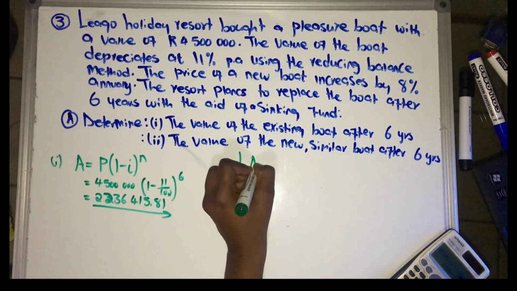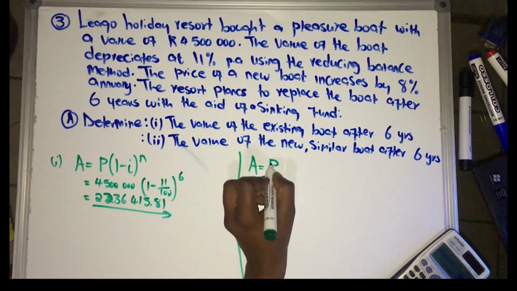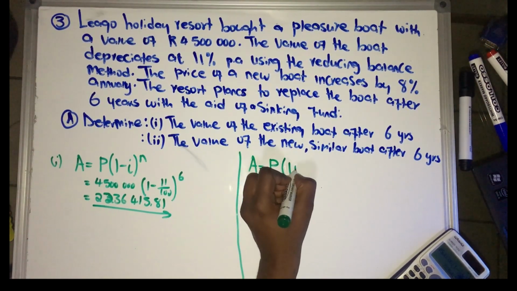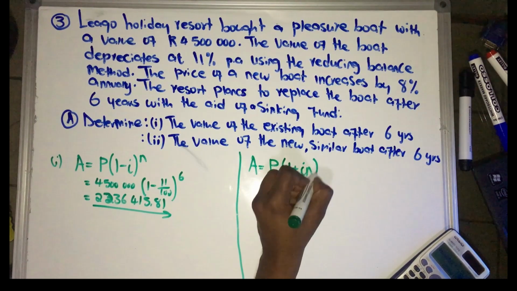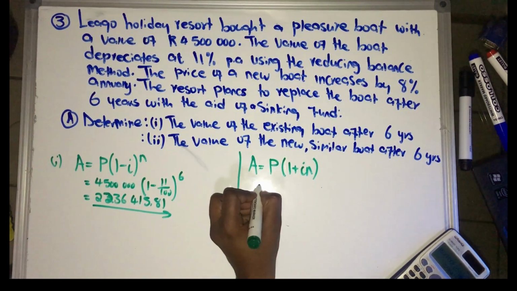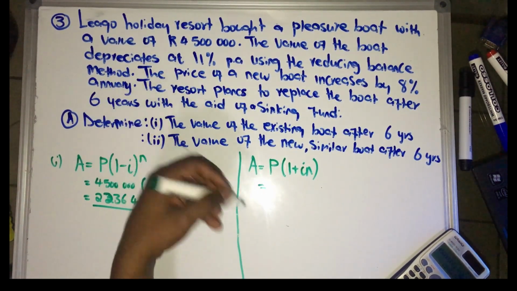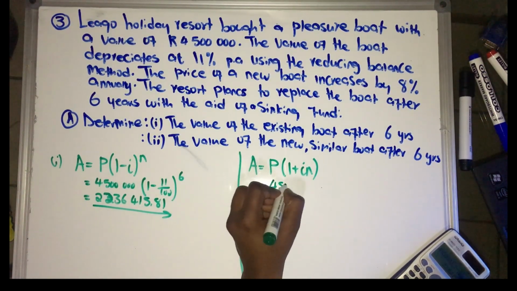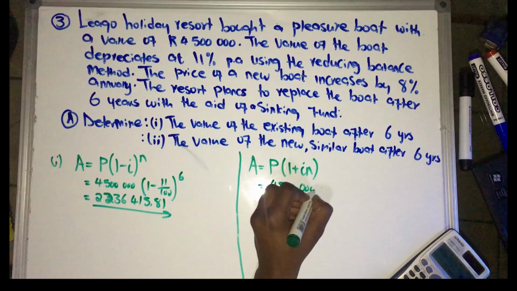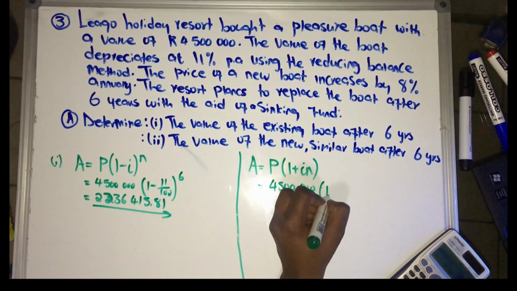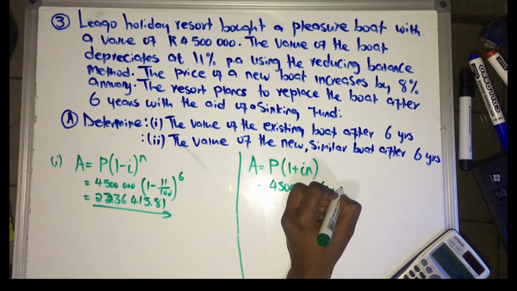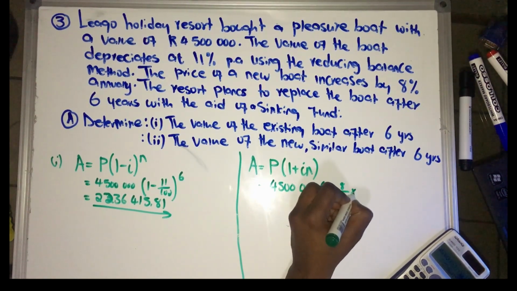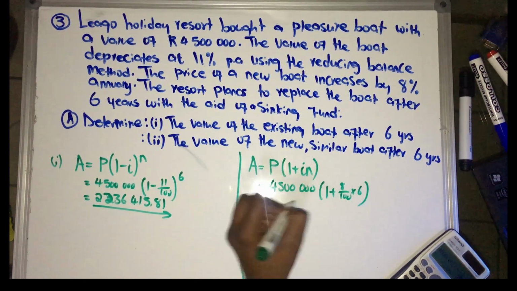So this now becomes P times (1 plus i n). All right. So how much will it cost after 6 years? So currently it's 4.5 million rands, and then times (1 plus your interest, that's 8 over 100) multiplied by the number of years, that's 6.